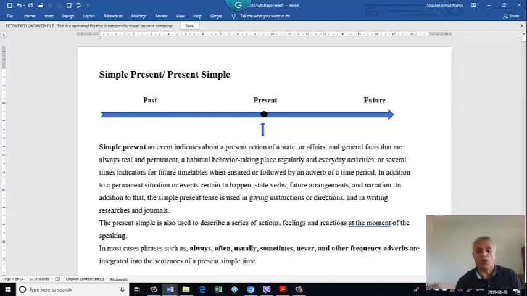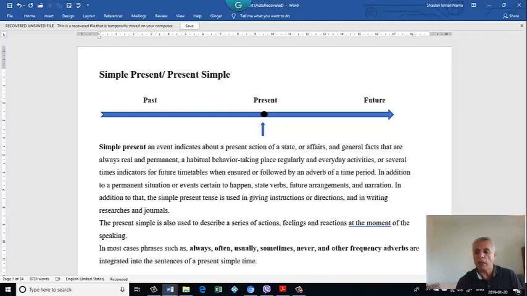Or maybe sometimes you give a direction to somebody, or when you write your research or you write for a journal. The present simple is also used to describe a series of actions, feelings, and reactions at the moment of speaking.